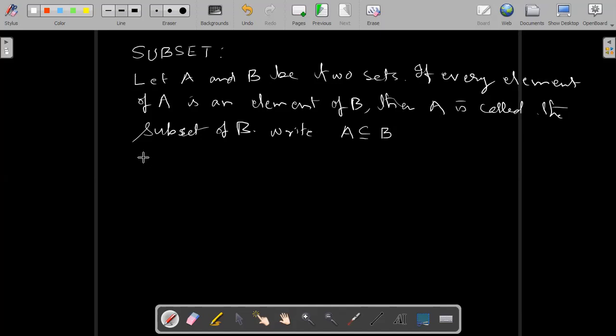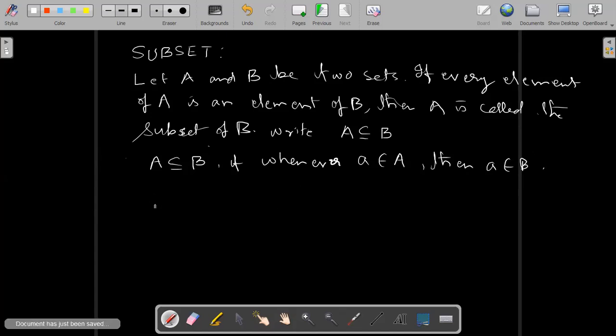And in other words, if A is a subset of B, it implies that whenever any element belongs to A, then it must belong to B. Then we can say A is a subset of B. We often use implies, so in a better mathematical way: A is a subset of B if X belongs to A implies that X belongs to B. This is the proper way of writing it mathematically.